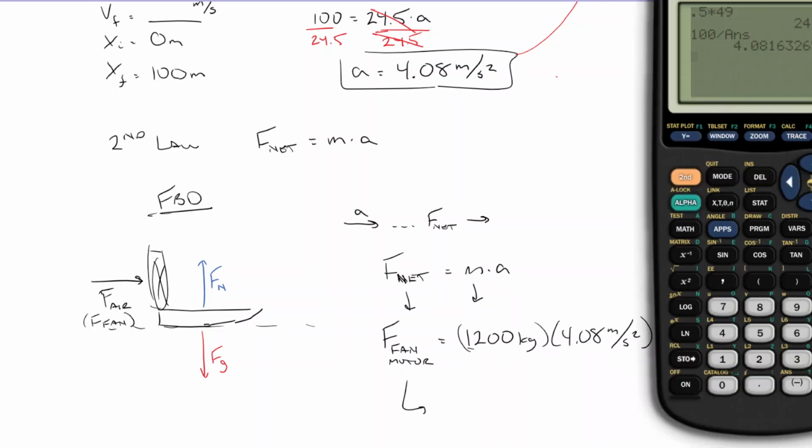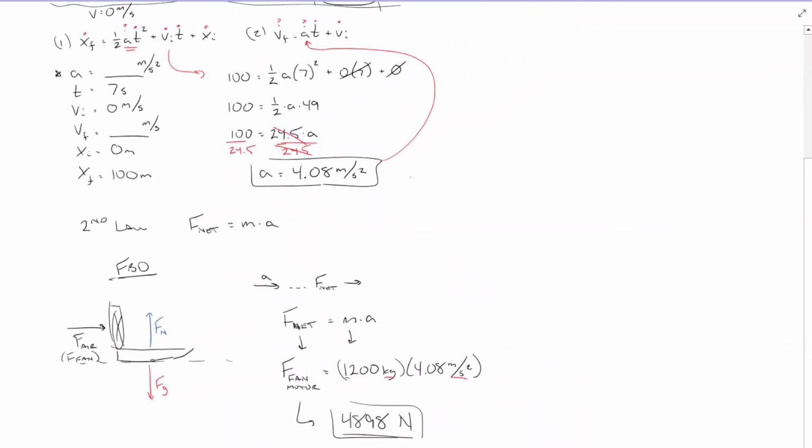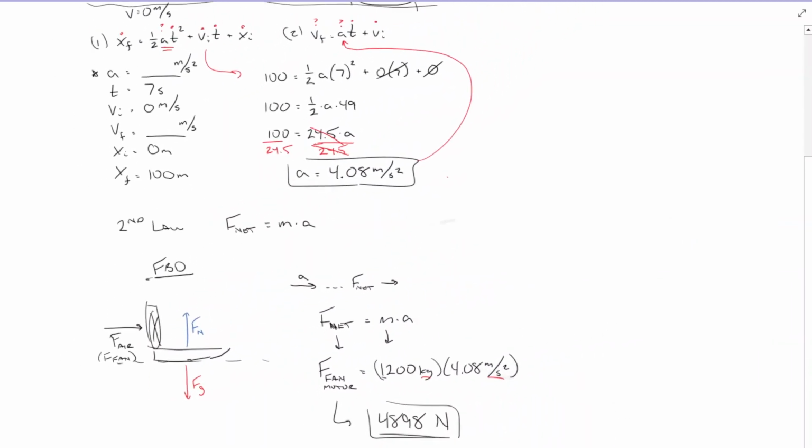If I take 4.08 and multiply it times the mass of that boat, we know that, boy, there's a pretty large force. 4,898. The units are kilograms times meters per second squared, and that is what we call a Newton. So this is the force of our fan motor that is causing that boat to accelerate along the water.